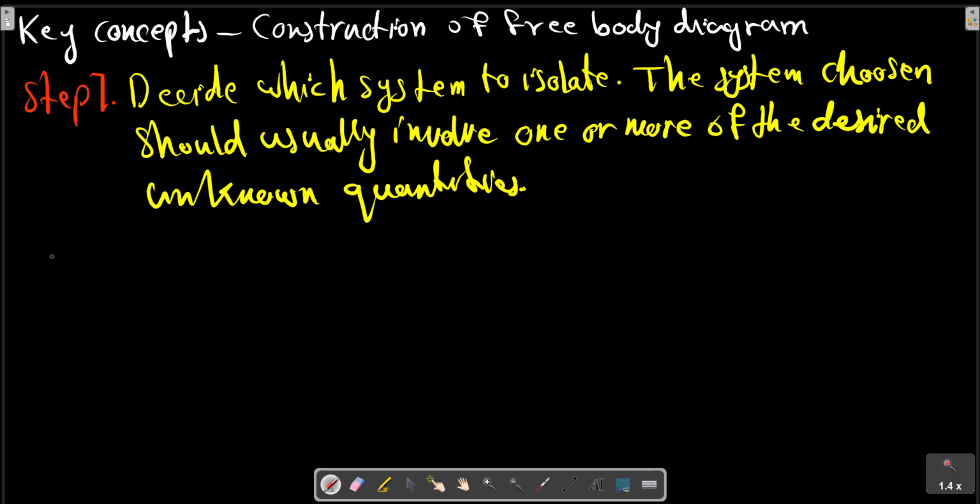Step 2. Step 1 is to decide which system to isolate. It is very important.